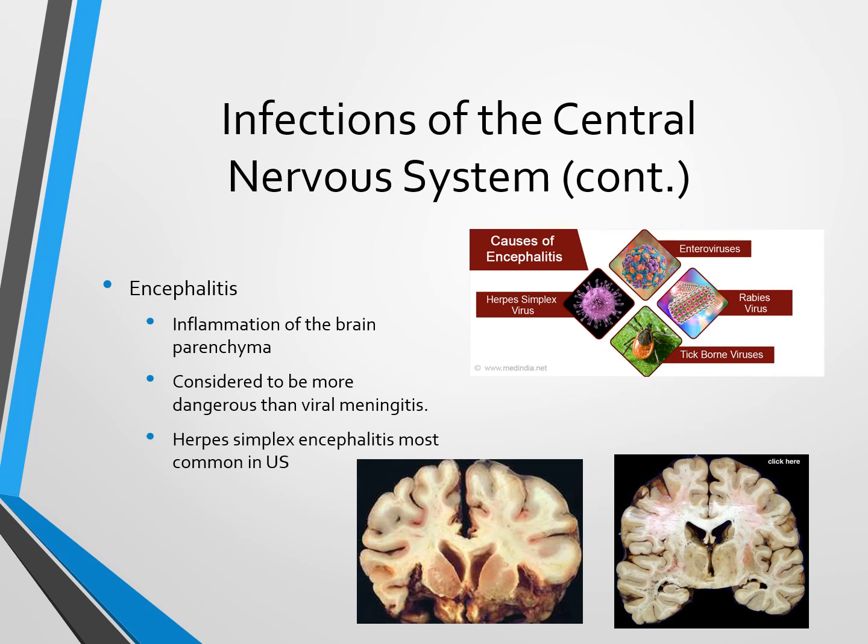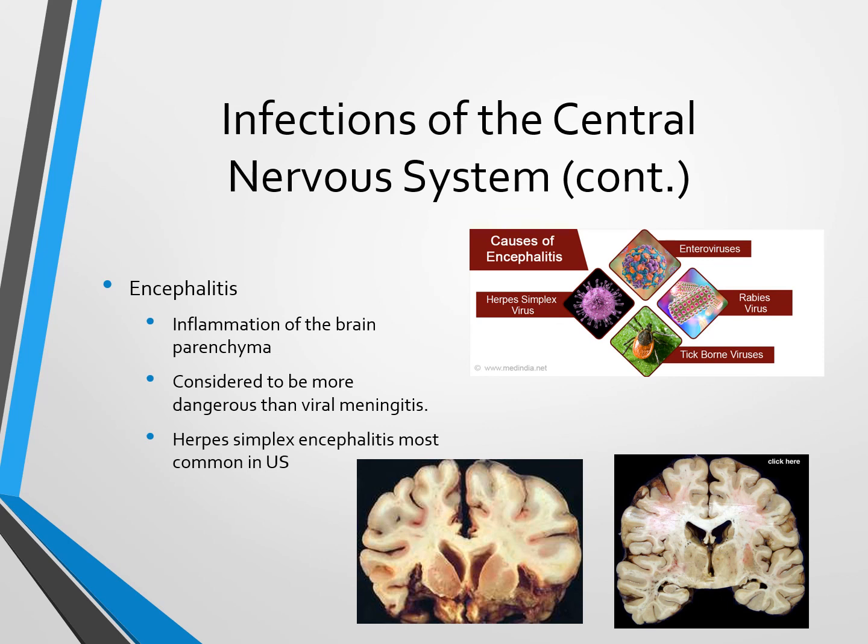Encephalitis is inflammation of the brain itself. It is considered to be more dangerous than viral meningitis. It can be caused by the viruses that we talked about previously, as well as arboviruses and rabies.